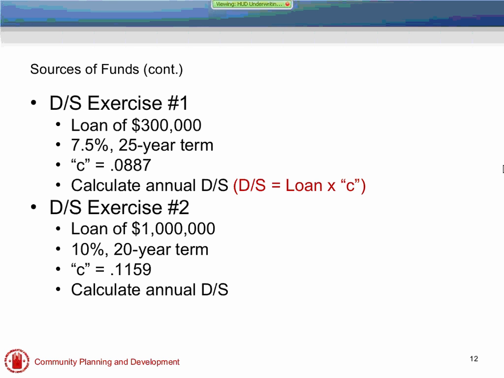So if we take those two, our debt service for the annual amount should come out to $26,610. For our second loan of $1 million, 10% interest rate for a 20-year term, we're going to take our $1 million loan and multiply that by the constant for our terms of 0.1159. So our annual debt service on the second loan is $115,900.